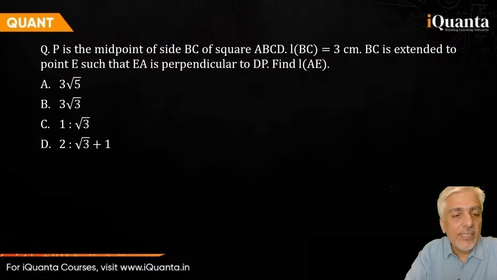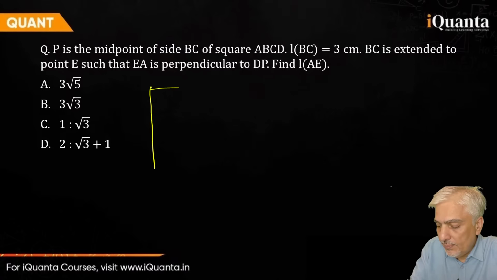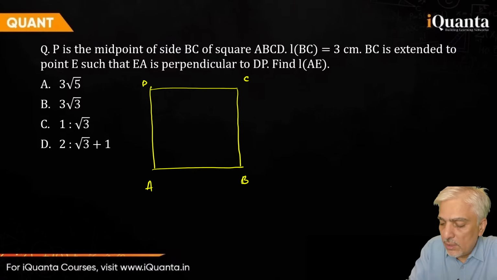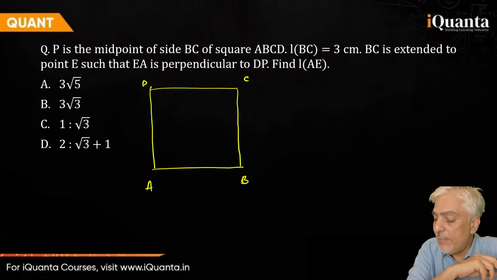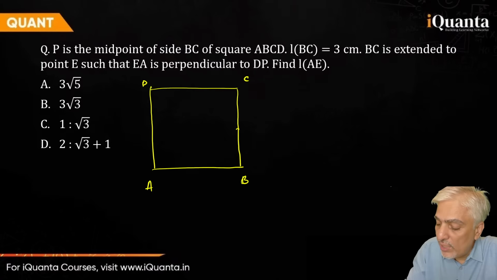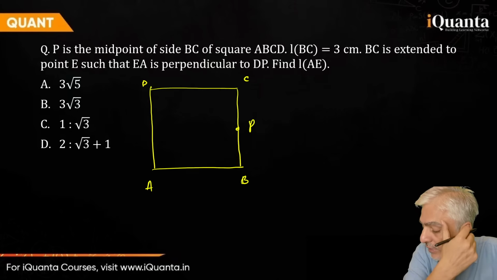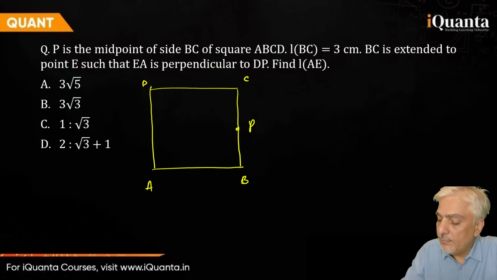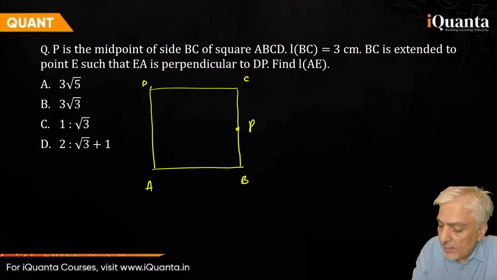P is the midpoint of side BC of a square ABCD, where BC is 3. BC is extended to point E such that EA is perpendicular to DP.